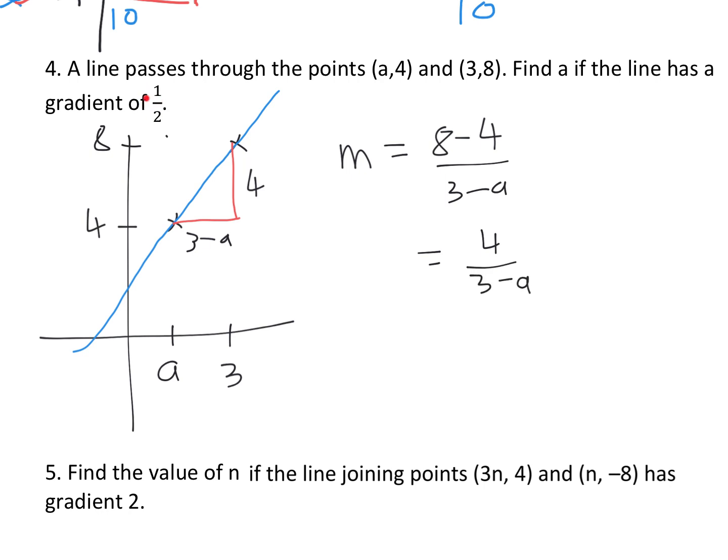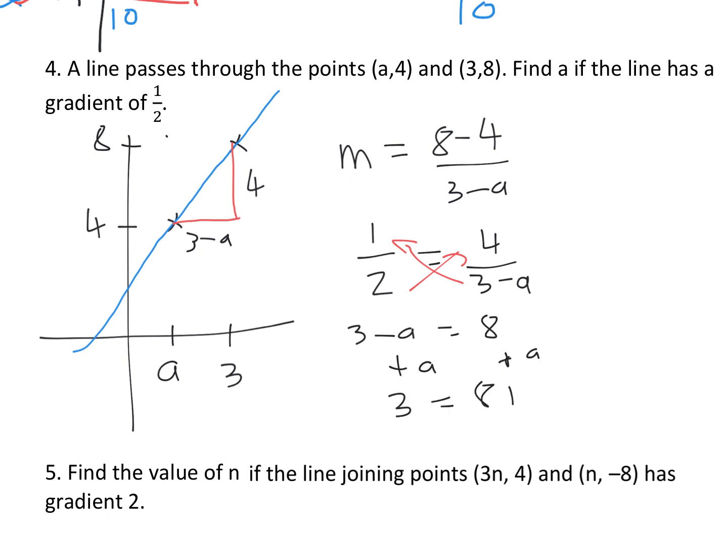Now we're told that the gradient's a half, so we can put that equal to a half. And when a fraction equals a fraction, you can cross multiply. So 3 minus a times 1 would be 3 minus a, and 2 times 4 is 8. I would add a to both sides because a is negative, and that would make it positive.